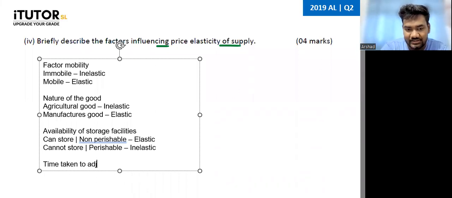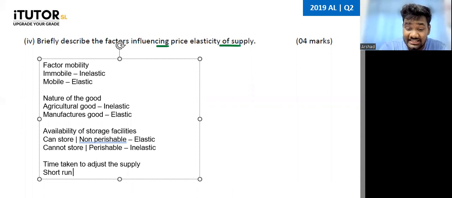Right. Then guys, time taken to adjust the supply. How does that work? So in the short run, or in other words, immediately, when the price changes, can you change your supply? Immediately price changes today. Can you change your supply today? Can't, no. It will take some time. If it's an agricultural good, it will take some time to grow it.